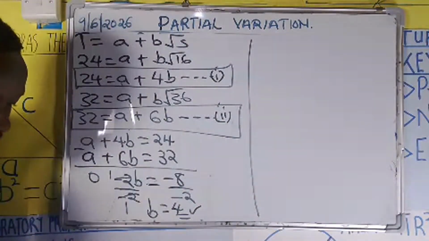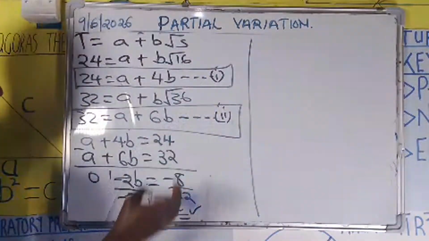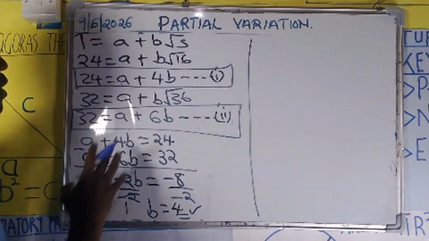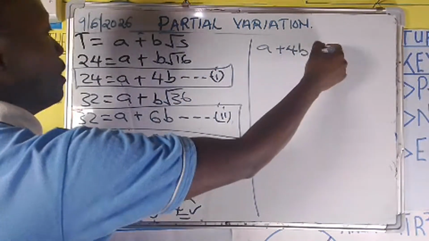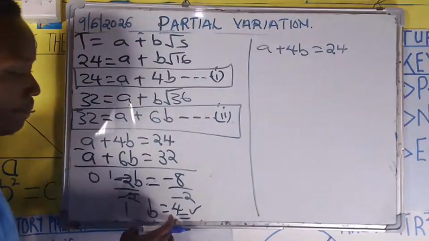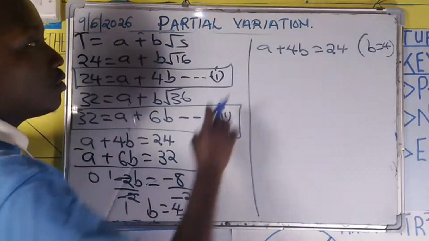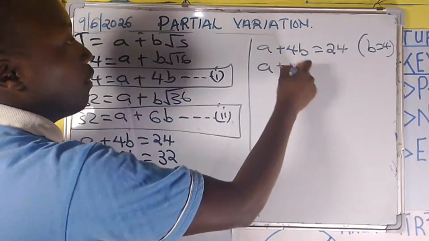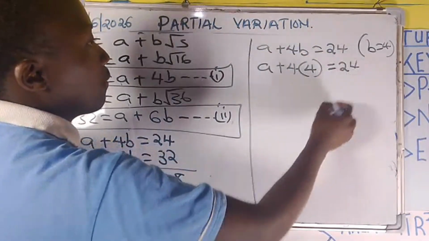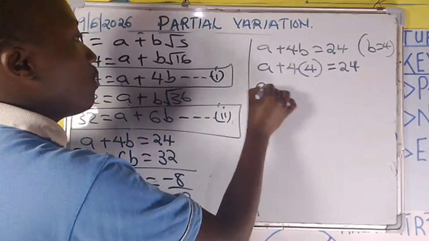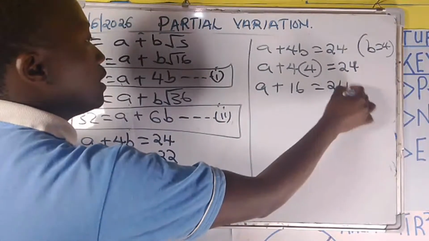Let us proceed to determine the value of A. We can use either equation to find the value of A. Let us use the first equation: A plus 4B is equal to 24, and our B is 4. So we replace B: A plus 4 times 4, which is 16, is equal to 24.